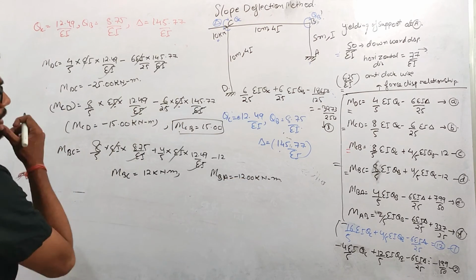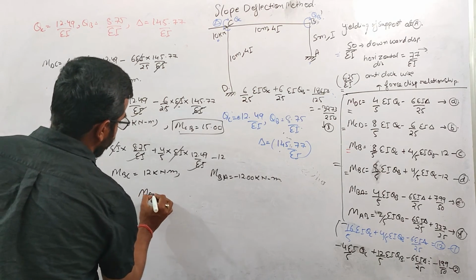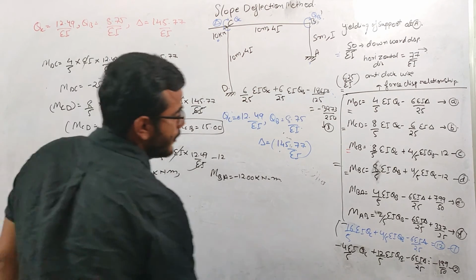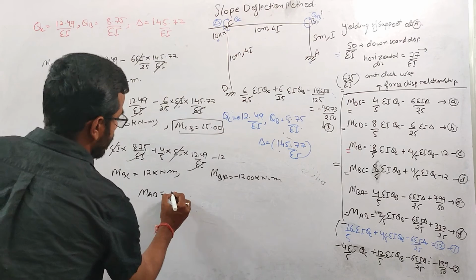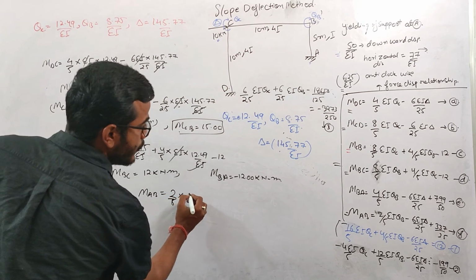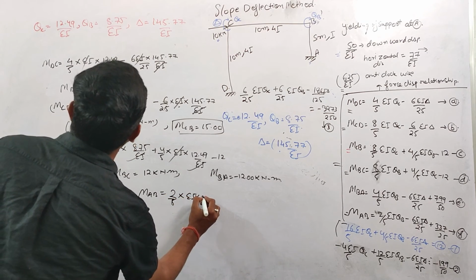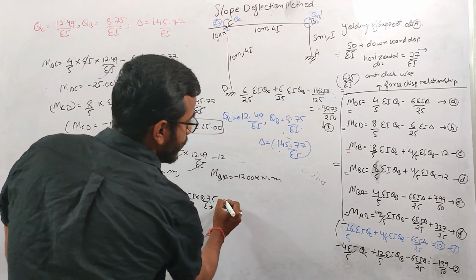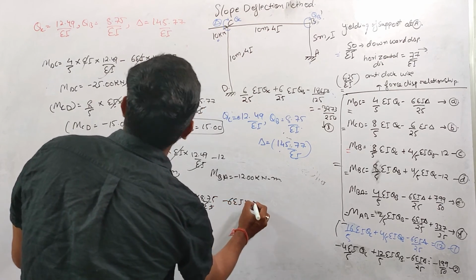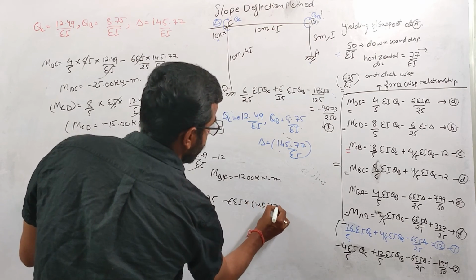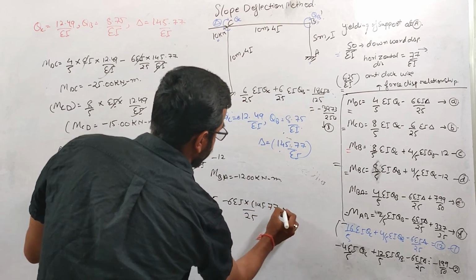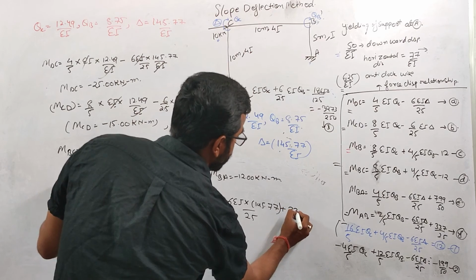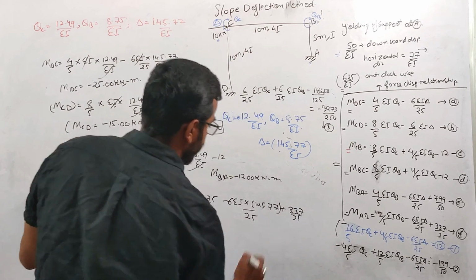Now let us calculate the value of MAB. For MAB, I need to use this equation. The value will be 2 by 5 into EI into theta b, which is 8.75 over EI, minus 6 EI into delta, which is 145.77 over 25, and plus this is 337 divided by 25.